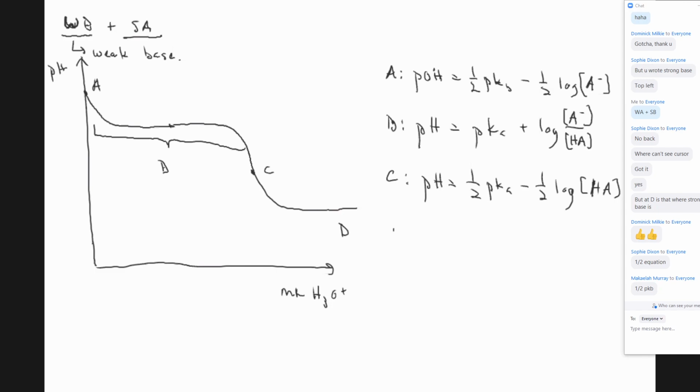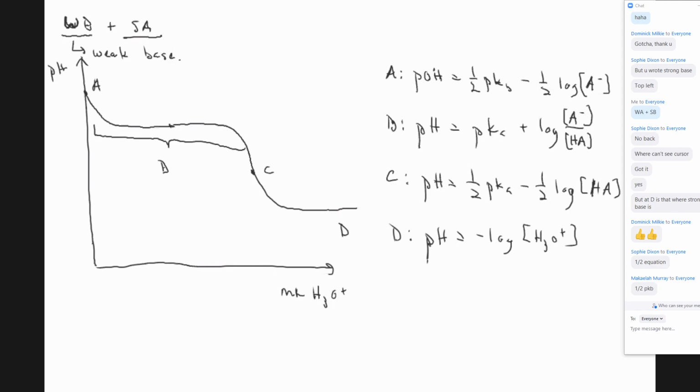And last but not least, if we're at D, we solely have acid, so it's going to be negative log of your strong acid in solution, right? Any questions? Okay.